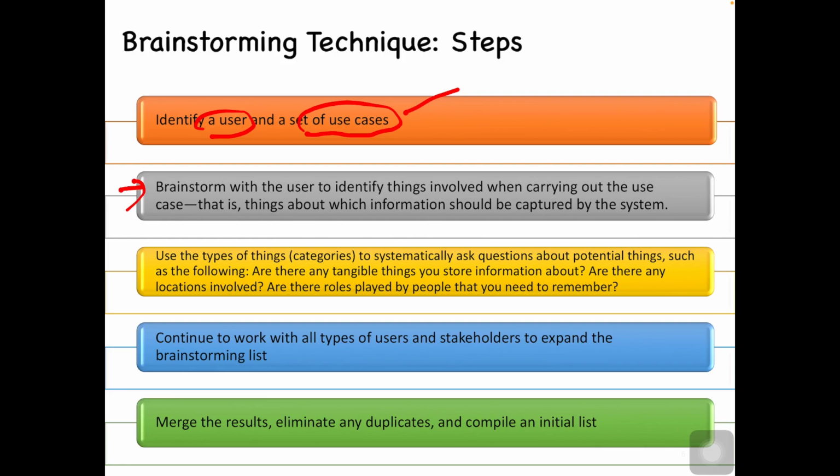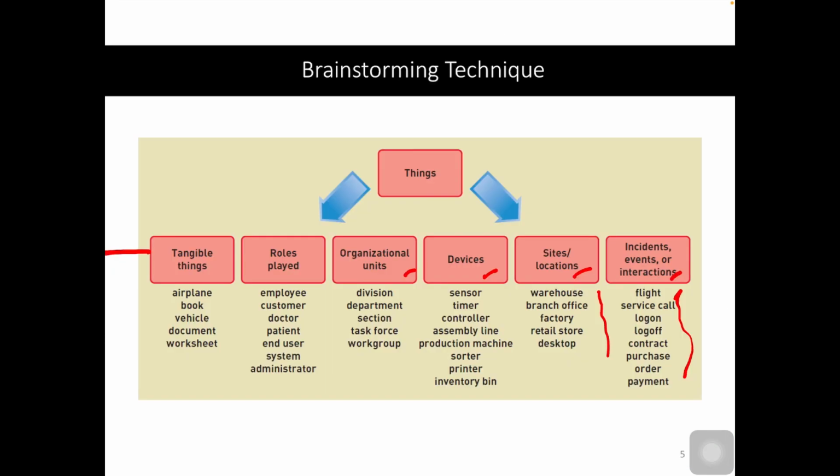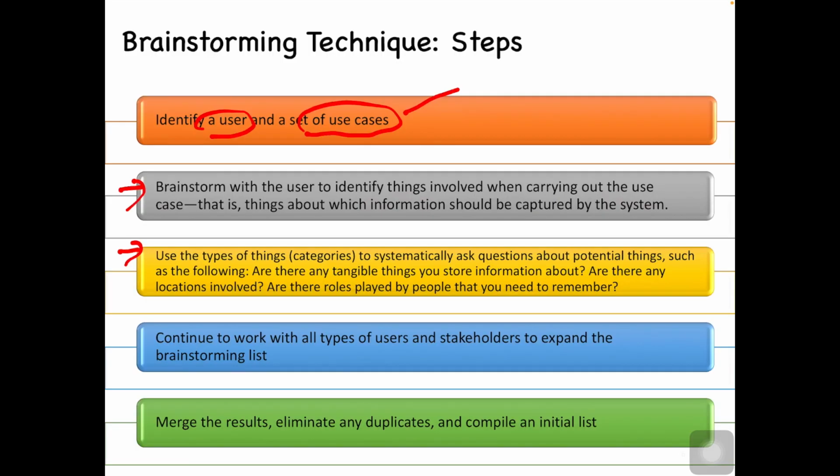Third, use the types of things in this diagram to systematically ask questions about potential things, such as, are there any tangible things you store information about, or are there any locations involved? What are the roles played by people that you need to remember? Next, continue to work with all types of users and stakeholders to expand the brainstorming list.